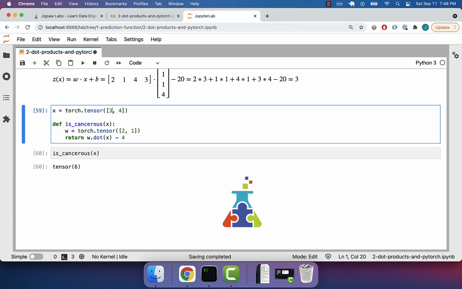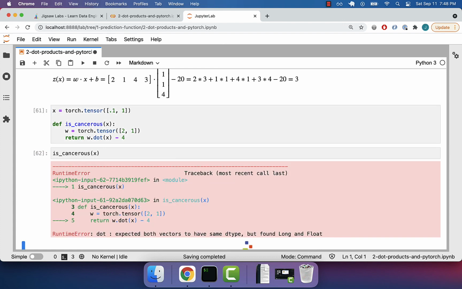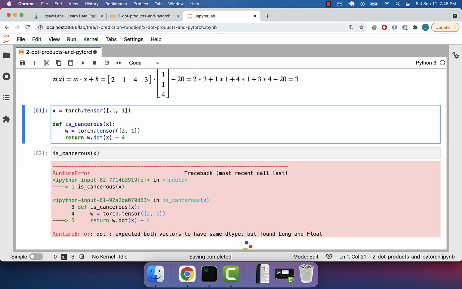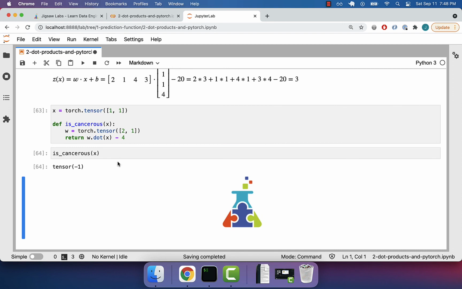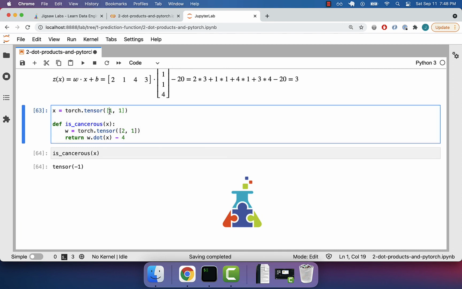We change these numbers, like 1 and 2. It still seems high. So like 0.1 and 1. Oh no, it doesn't like the fact that I mismatched the type, and we get negative 1. That error was because I had a decimal point. There are ways to correct that, but let's not worry about it right now.